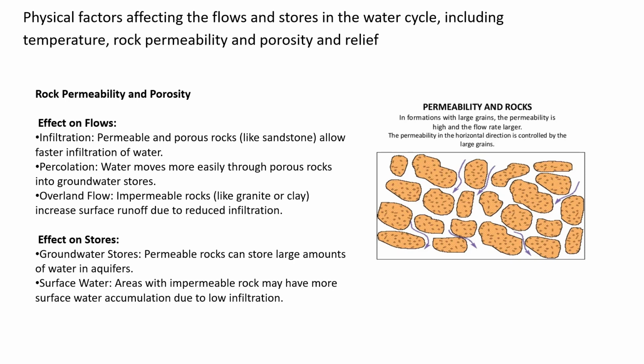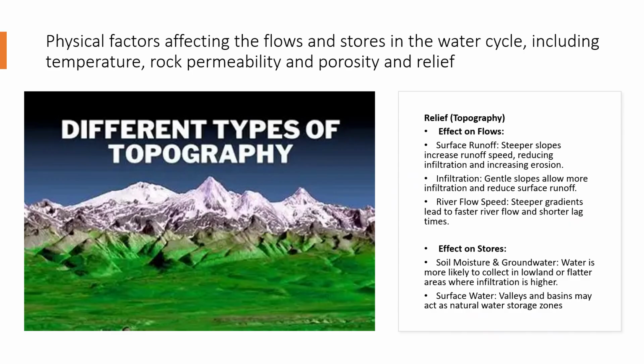Some rainforests experience flooding. So that will be influenced by the rate of infiltration, which is influenced by rock permeability. So it's worth finding out a little bit about the geology of your case study and how the types of rock might influence some of the key processes and flows.